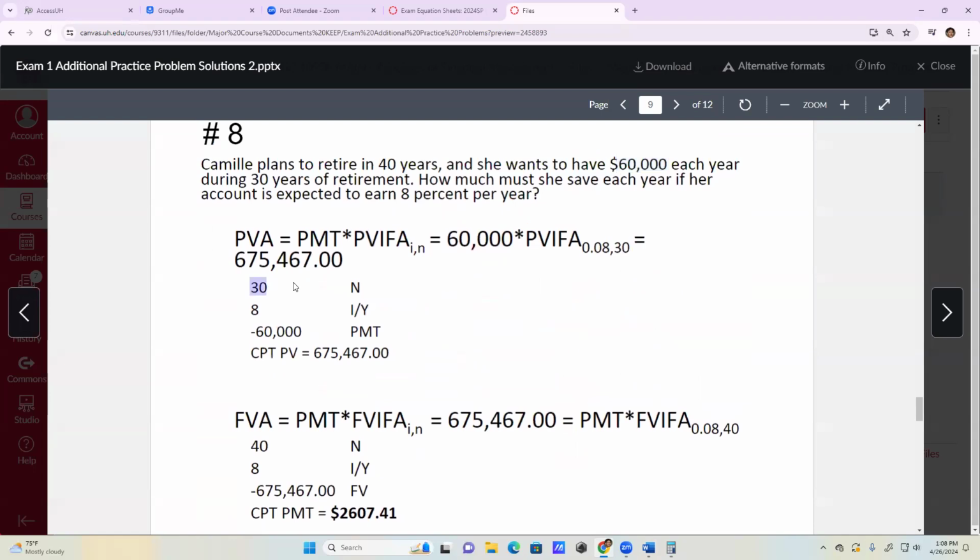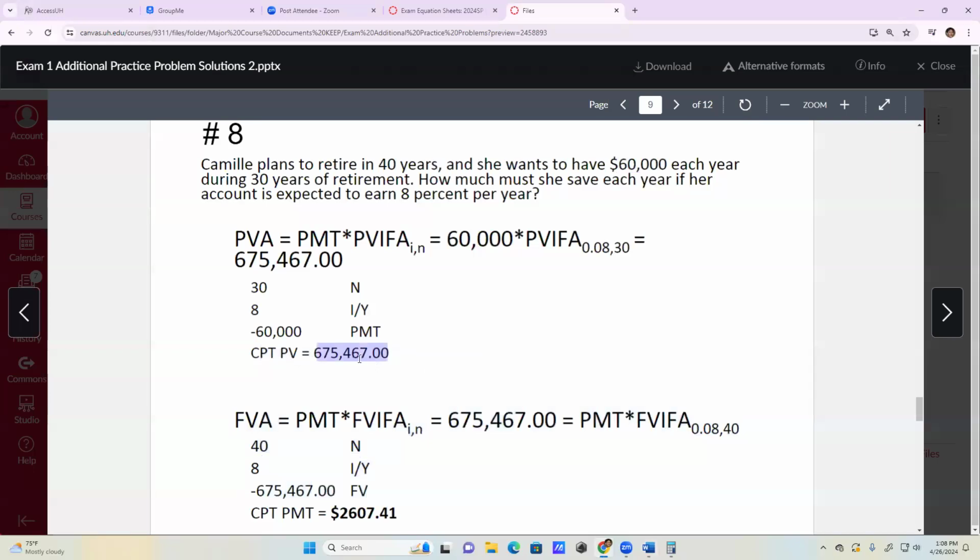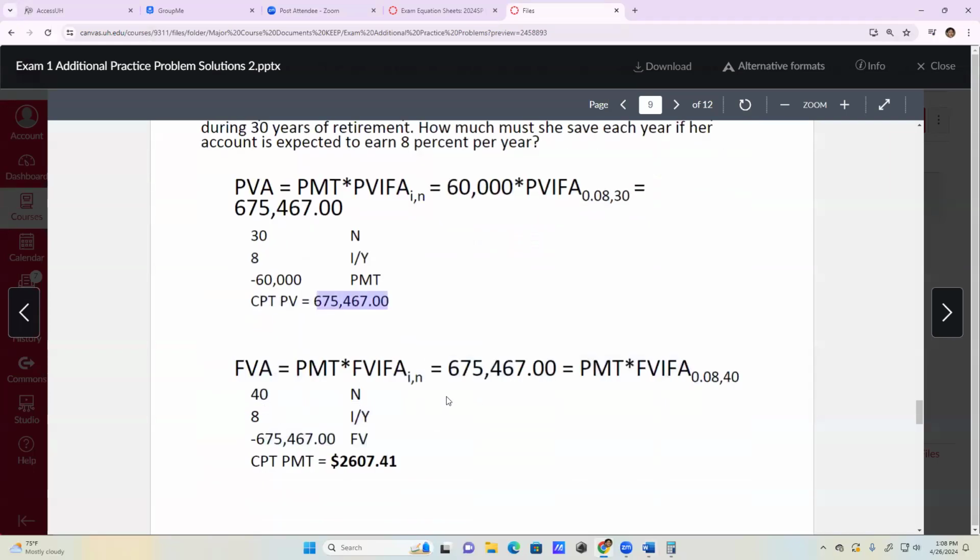Like I said, 30 years, put in the interest, the payment, compute. This is the value at year 40. And then this is the second part: 40 years, 8 for the interest. The present value of the first process is the future value of the second process.